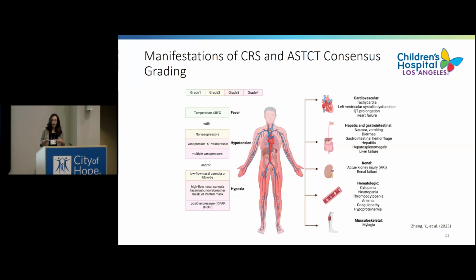They can become very tachycardic and have cardiovascular compromise. They can have GI symptoms, nausea, vomiting, diarrhea, liver dysfunction, kidney dysfunction. They can have all sorts of cytopenias that are requiring interventions. Like we said earlier, myalgias in general, musculoskeletal dysfunction as well. So not just those 3 things that we're grading on, but it can really affect the whole body pretty significantly.